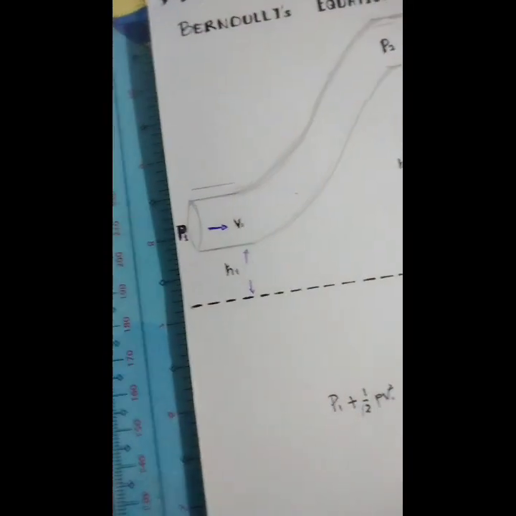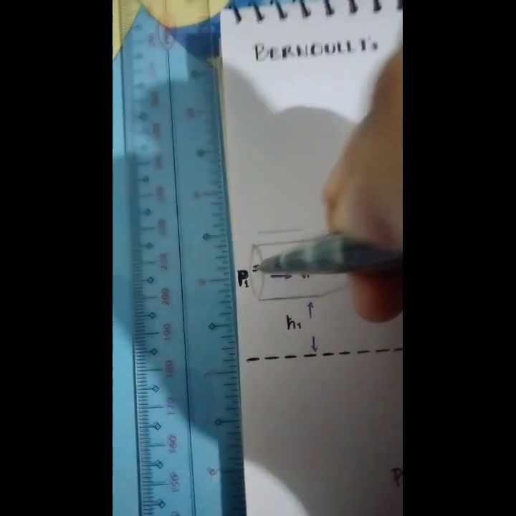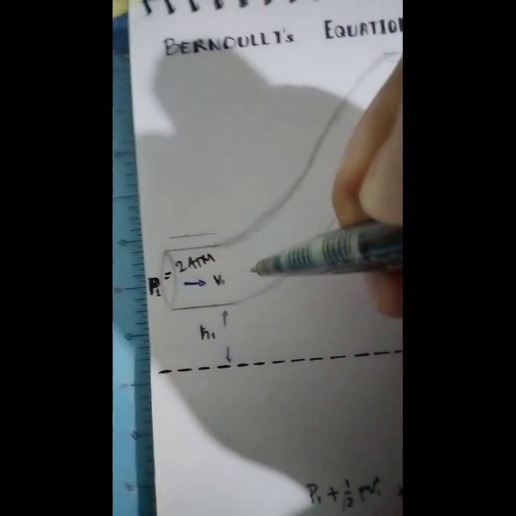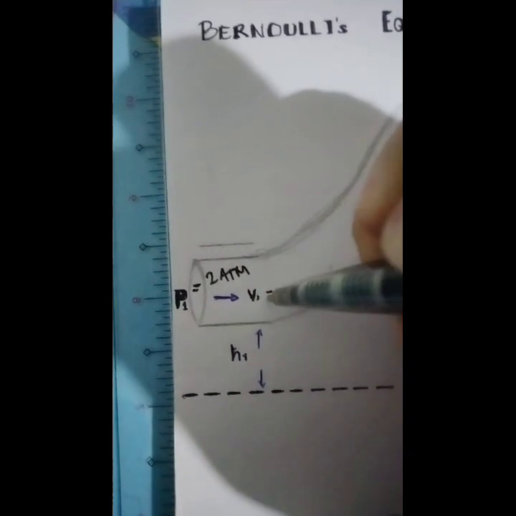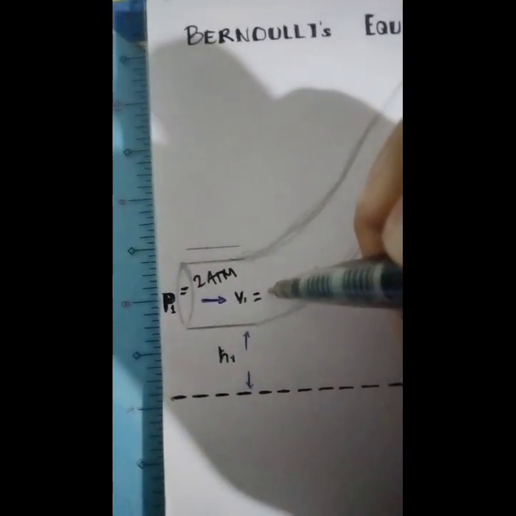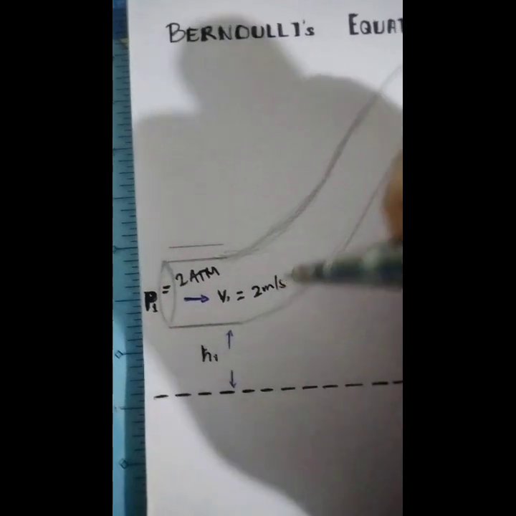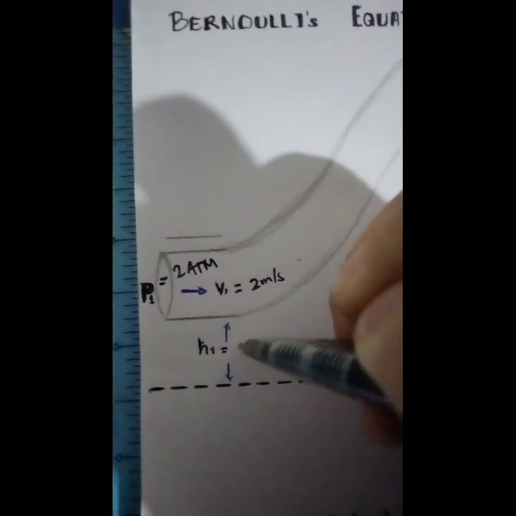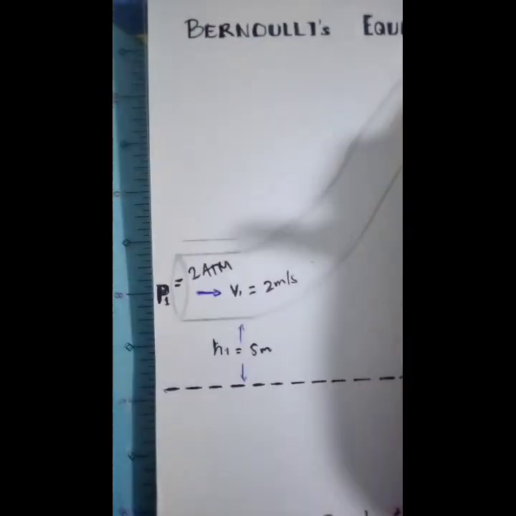Let's give them values, guys. This pressure 1, for example, let's say equals 2 atmosphere. Our velocity V1 is 2 meters per second. Our height H1 is 5 meters.